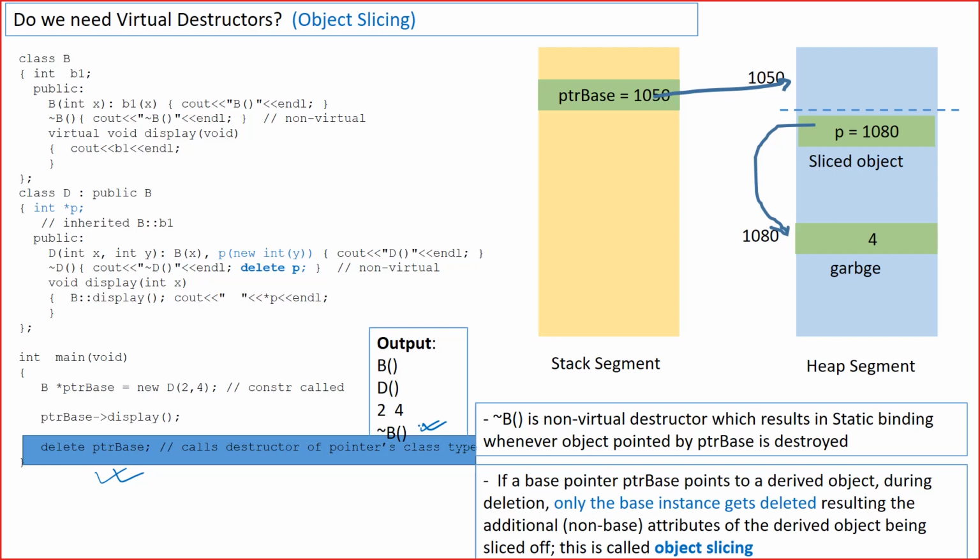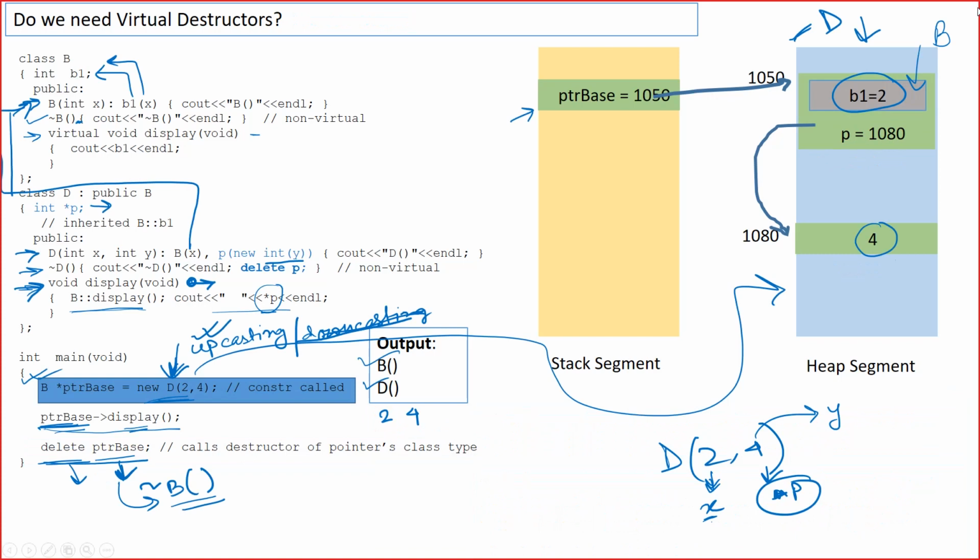And the object pointed to by this base pointer will be destroyed. What is pointer base pointing to? The pointer base is pointing to the whole part.